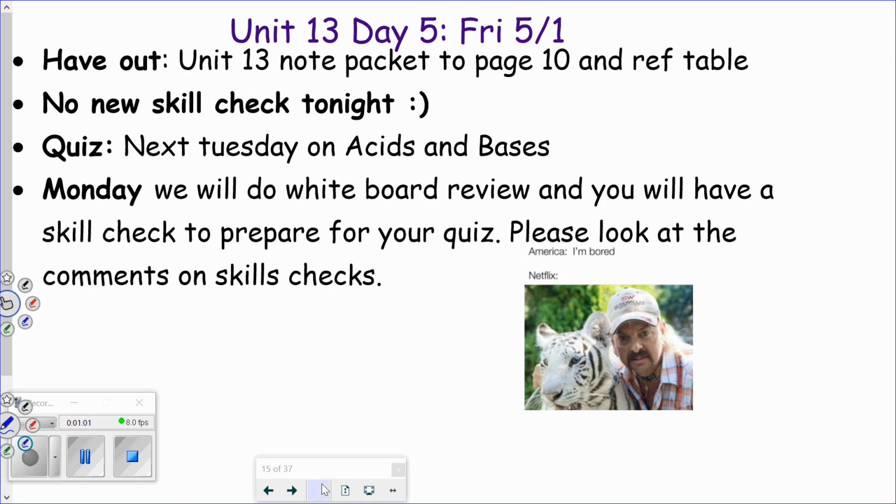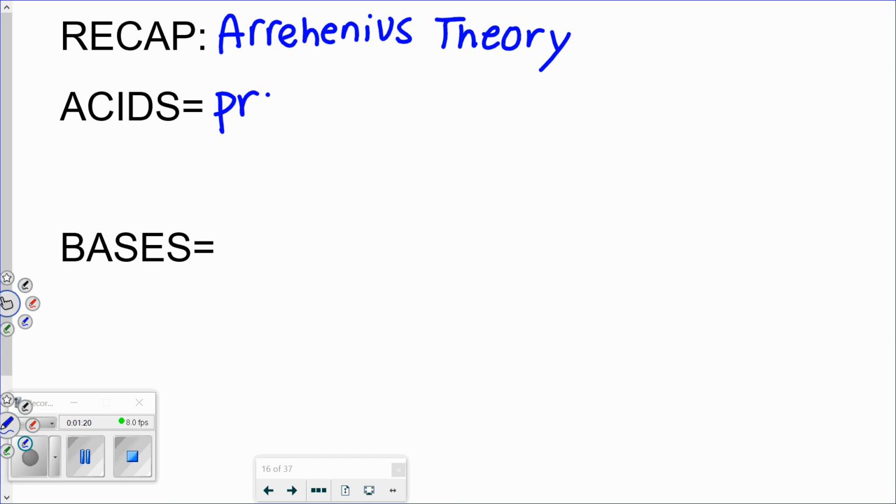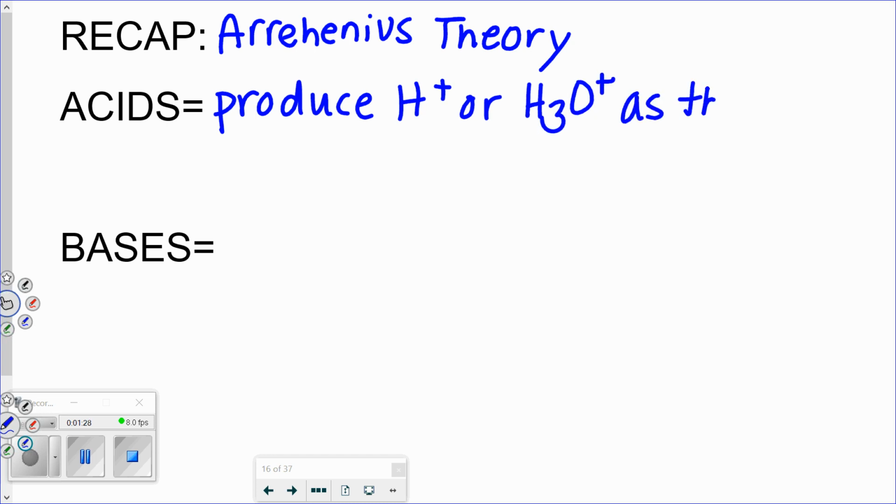But yesterday, we were talking about the Arrhenius theory of acids and bases. And remember, a theory is just a way to define what an acid is and what a base is. You don't have to write this down anywhere. The Arrhenius theory said that acids produce either H+, which is a hydrogen ion, or hydronium ion, as the only positive ion when you put it into solution.